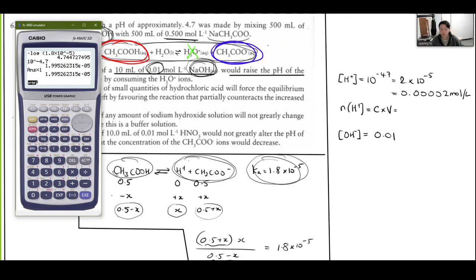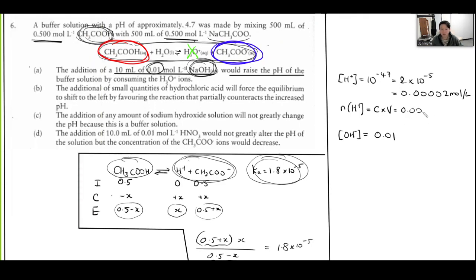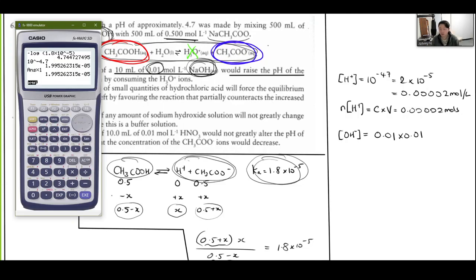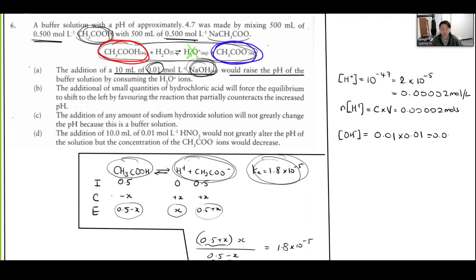So there are 0.00002 moles of the hydrogen. Hydroxide, you have 0.01 times the volume, 0.01. So you have 0.01 times 0.01, right? So you have 0.1234 and then 1. So that's way more than this one, isn't it? Yeah. You have way more.